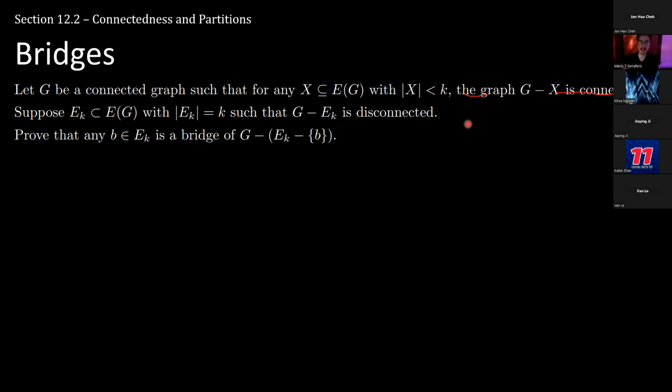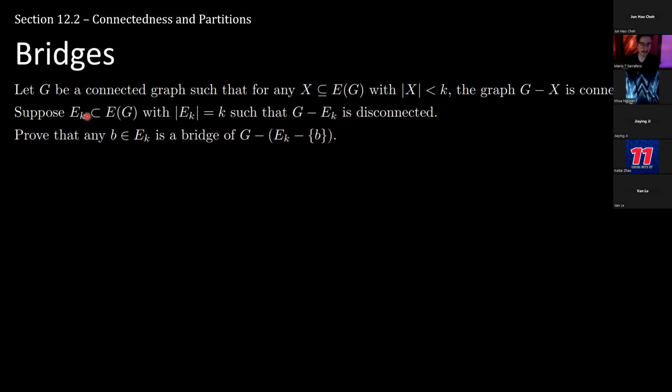Let G be a connected graph such that for any set x of edges with fewer than k edges, the graph G minus x is connected. This is saying that if I take out fewer than k edges from the graph, then I still get a connected graph. So the minimum number of edges that I can take out to get a disconnected graph is k.